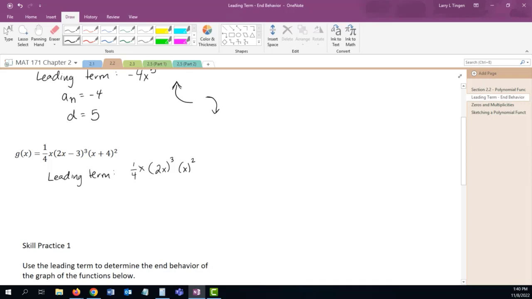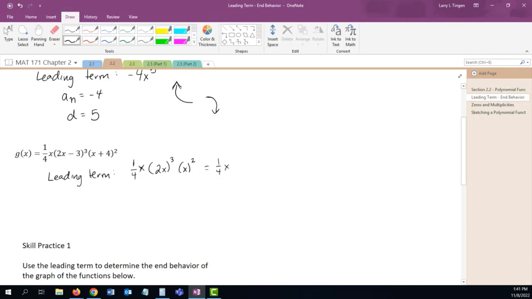This took me a long time to realize, even in my own experience, and it's still a difficult thing to teach, but each one of those factors has a leading term. And if you just multiply the leading terms, you'll find the leading term of the entire polynomial. So let's do our powers first.